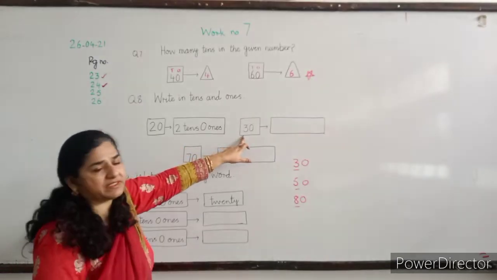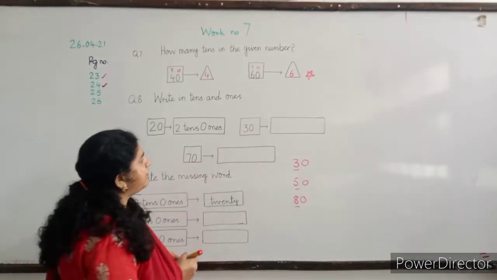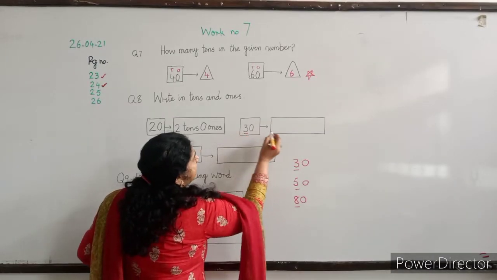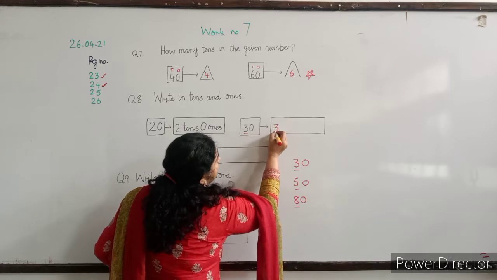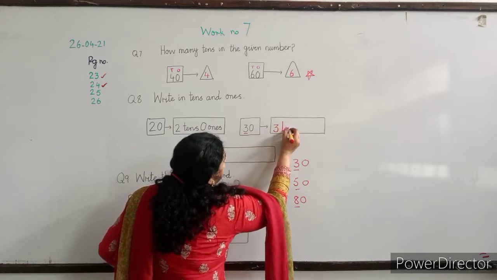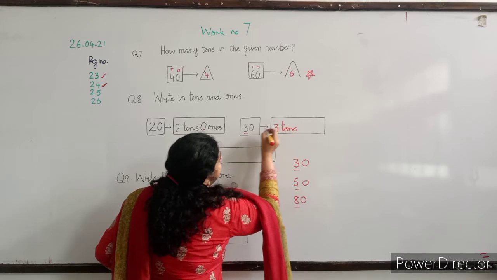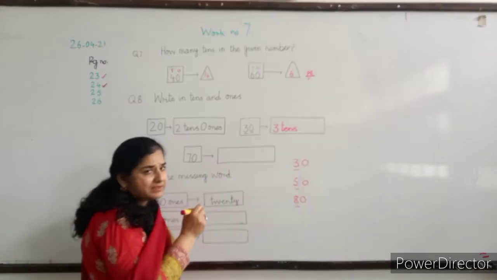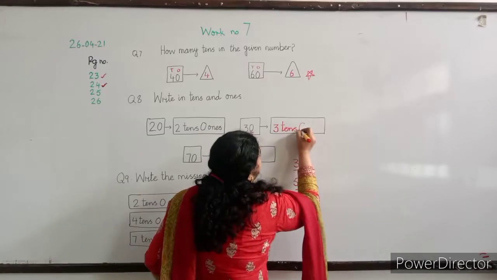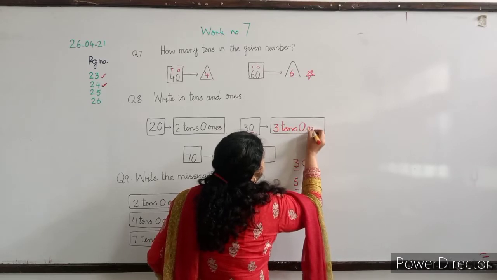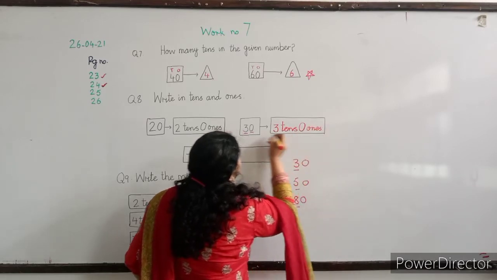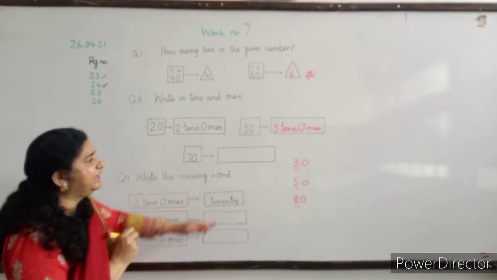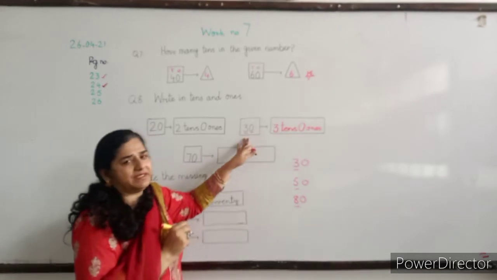So like this, it is 30. Tell me, 3 tens, look here, 3 tens and 0 ones. So it becomes 30, right? 3 tens and 0 ones, 30.